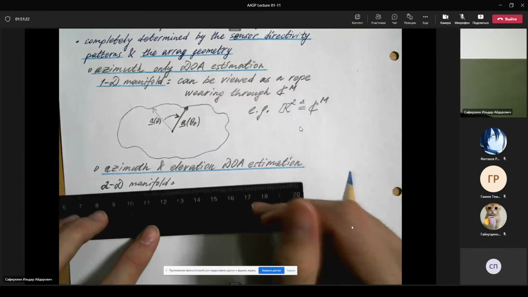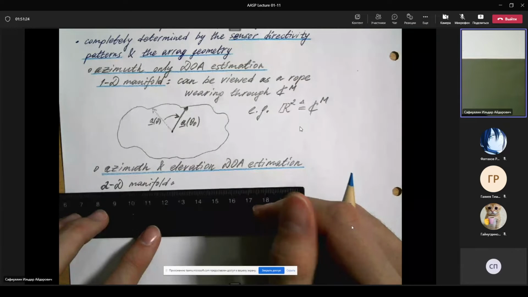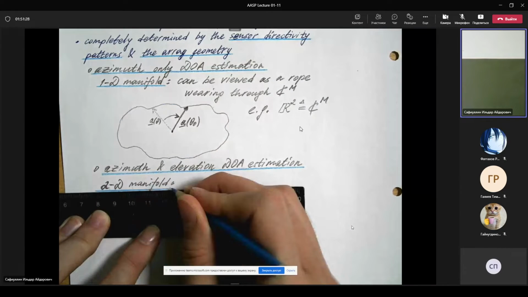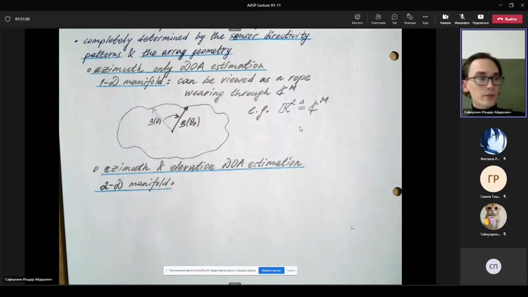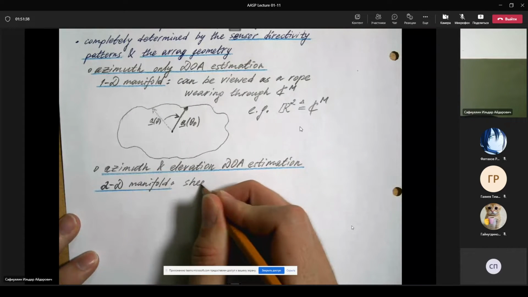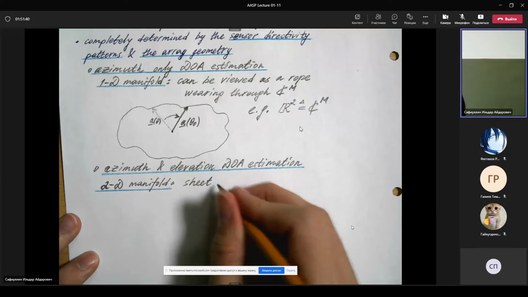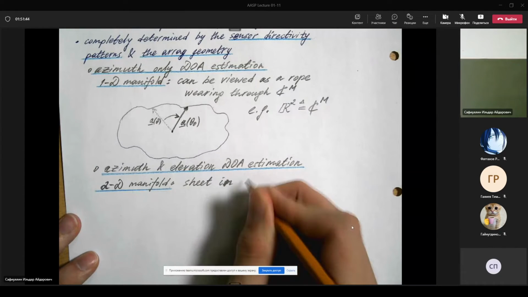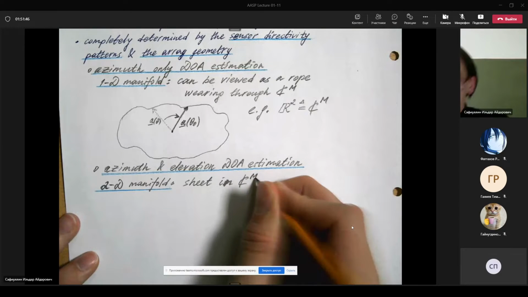And instead of a rope, as in the first example, we will have some sheet in this case, but in complex plane of size m.